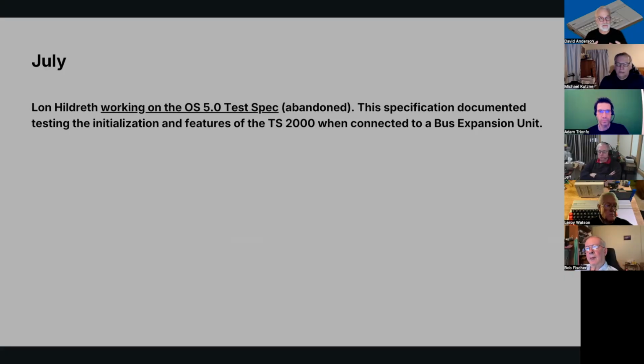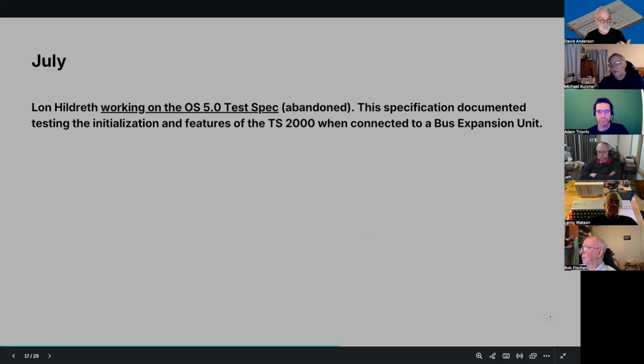And each one of these things, the 2068 would send out a little probe out along the bus, and each one of these things would respond with, this is what I am, and this is my feature set, and it's a whole bunch of data that would go into what's called the system configuration table.